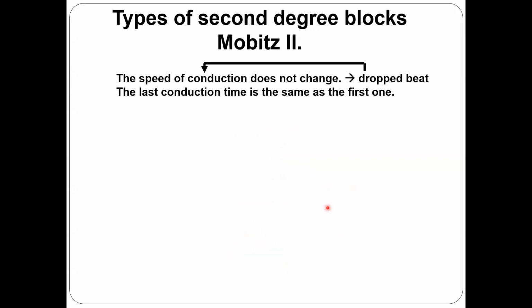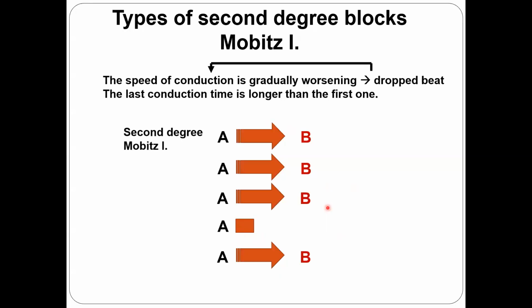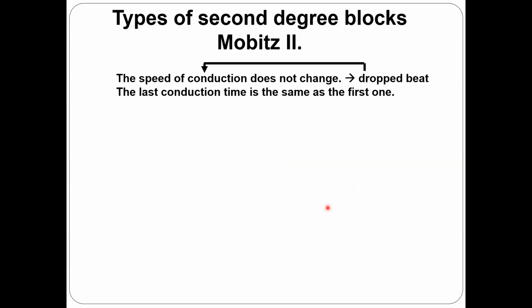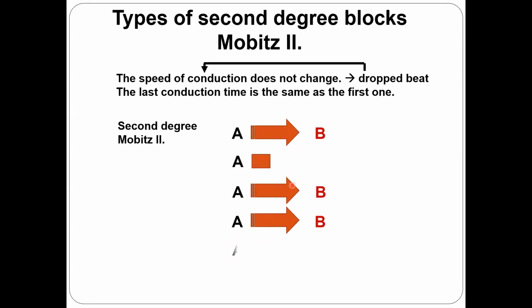The second type is Mobitz type 2. The previous one is also called Wenckebach periodicity, because it has some kind of periodicity. These are two names, but it's enough to remember Mobitz type 1 or Mobitz type 2. Mobitz type 2 means we have conduction between A and B, but the conduction velocity does not change.